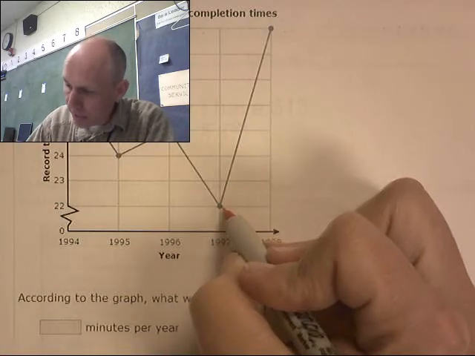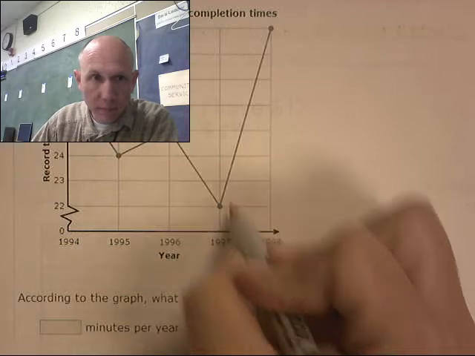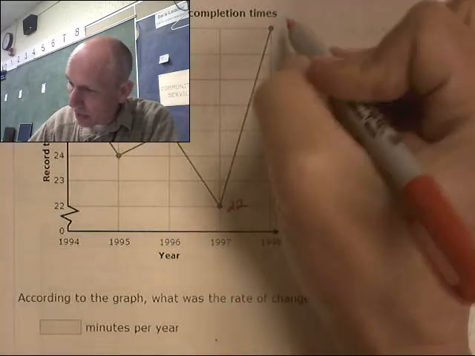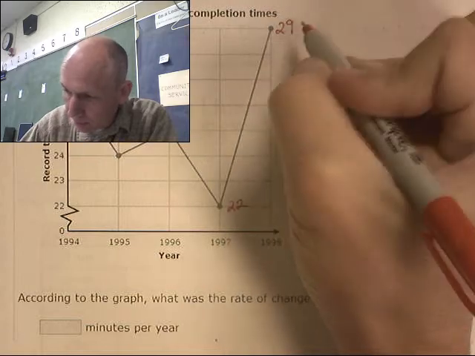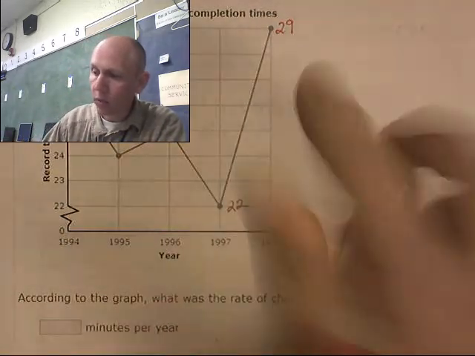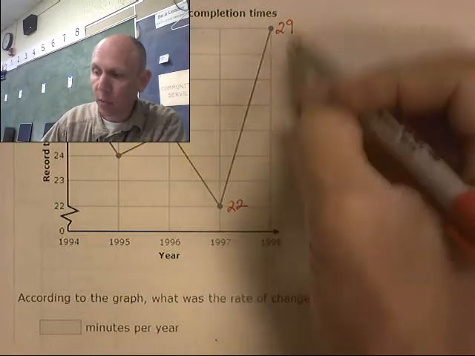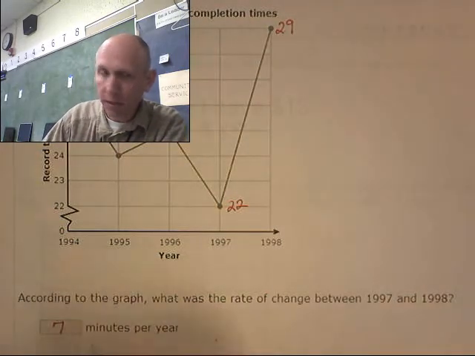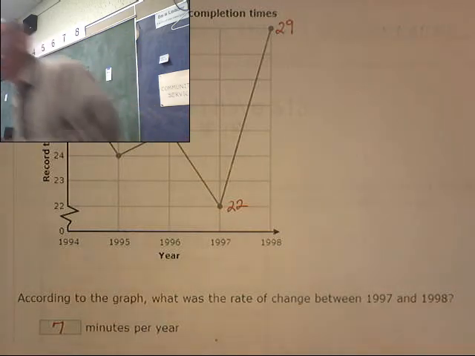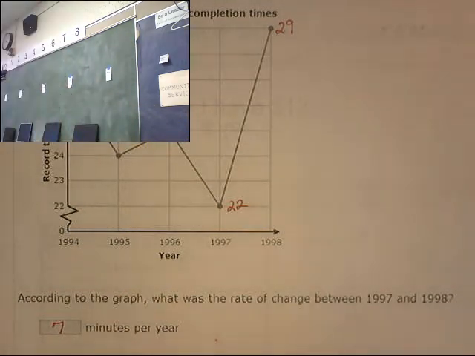Well, 1997 is right here, and that's at 22. So it was at 22, and then it went up to 29. 22 to 29, what happened there? Well, that's a change of 7 minutes per year. It went up by 7 minutes per year. They got slower, didn't they?